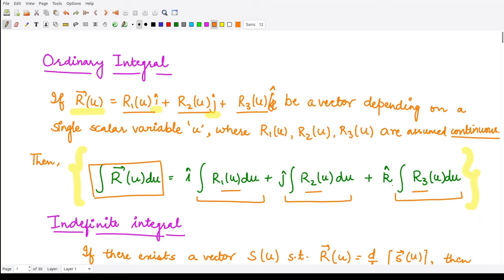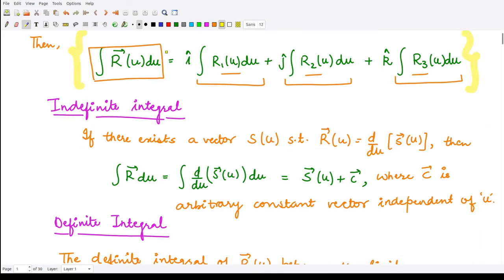So let us now discuss what we mean by an indefinite integral in the case of vectors. For indefinite integrals, suppose the given vector r of u could be represented by the derivative of some other function, which is also a vector point function s of u, right? In this case, we can calculate the indefinite integral of r of u by taking the integration of the derivative of s of u.